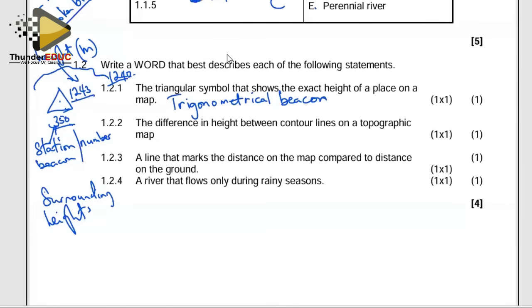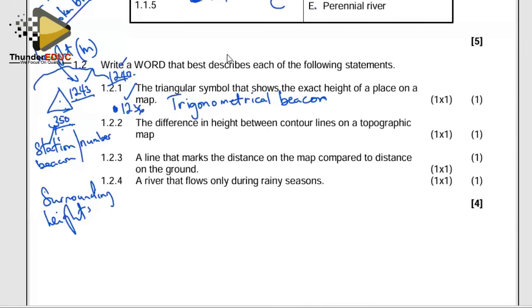Or maybe there is also a spot height, written maybe 1200 and maybe 36. Automatically, it also gives you the idea that the area is somewhere around 1200 meters. So it cannot be 350. That guides you, and you'll be able to figure out that the height is the one which is above 1200. Right, we move on to the next question.